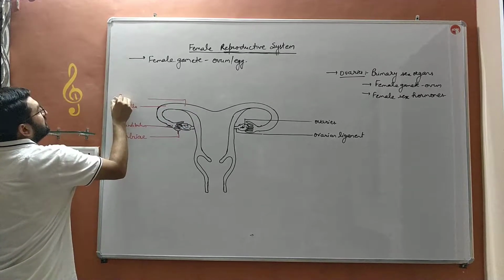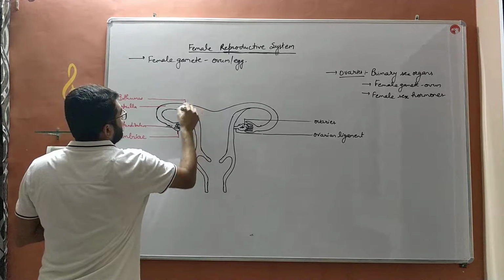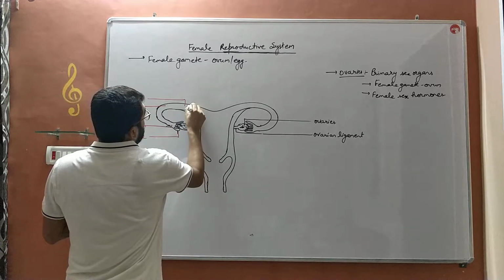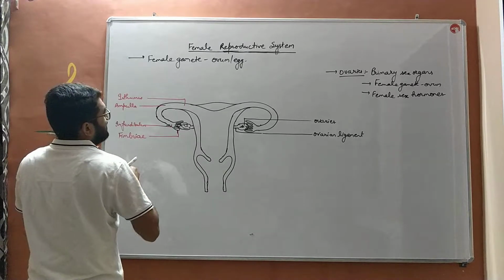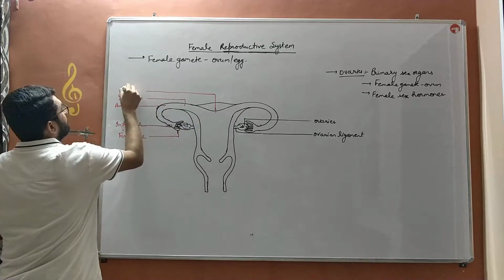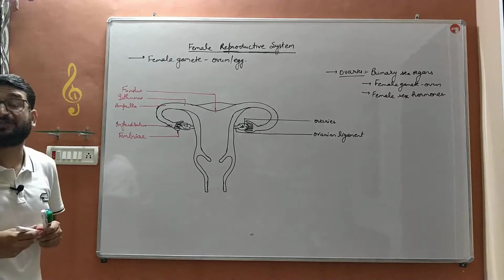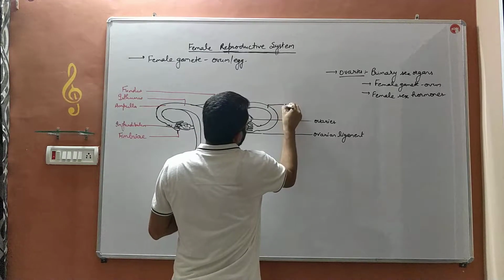The third one is isthmus, and this swollen part, which is more towards the uterus, is known as fundus, the uterine part. So these are the four parts of the fallopian tube, which is also known as oviduct.